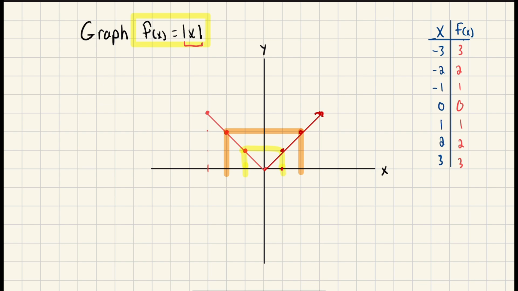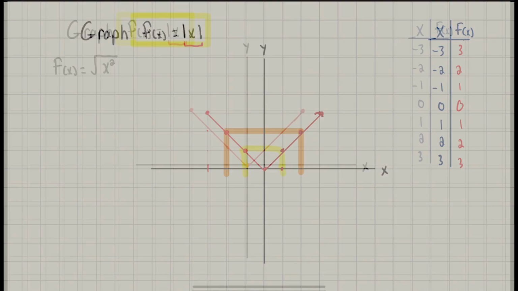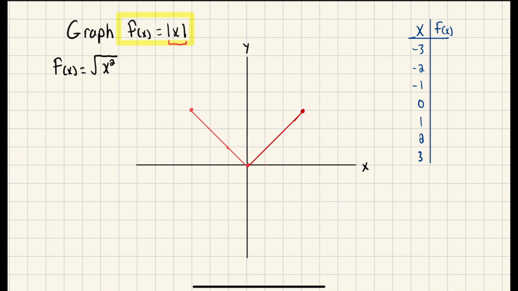Now, what we also notice is that other than just plotting the points, the absolute value function has another origin that results in the same graph. And if we were to plug in, let's say -3, so if I go root of -3 squared, that would be, -3 squared is 9, and then root 9 would be 3.